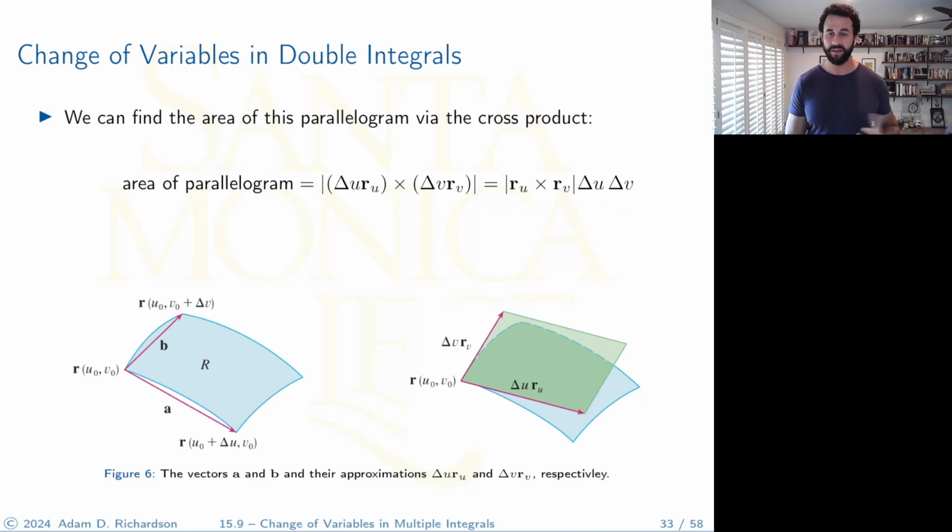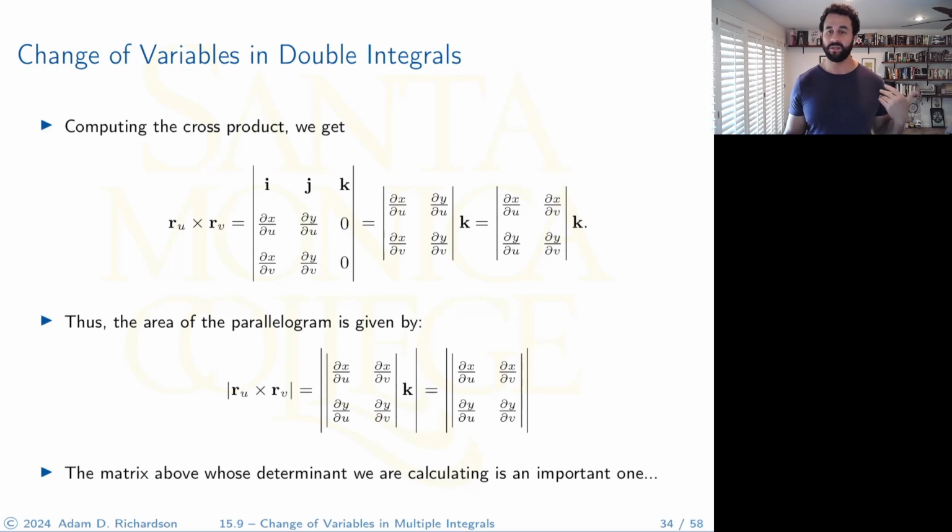So let's keep going. What does the cross product look like? Use that determinant formula that we learned back in 12.4. We can write these vectors as vectors in R3 just by setting the third component equal to 0. Now we can use that determinant shortcut, and when you do that, what you end up getting is this. Wait, do I have a doubling here?